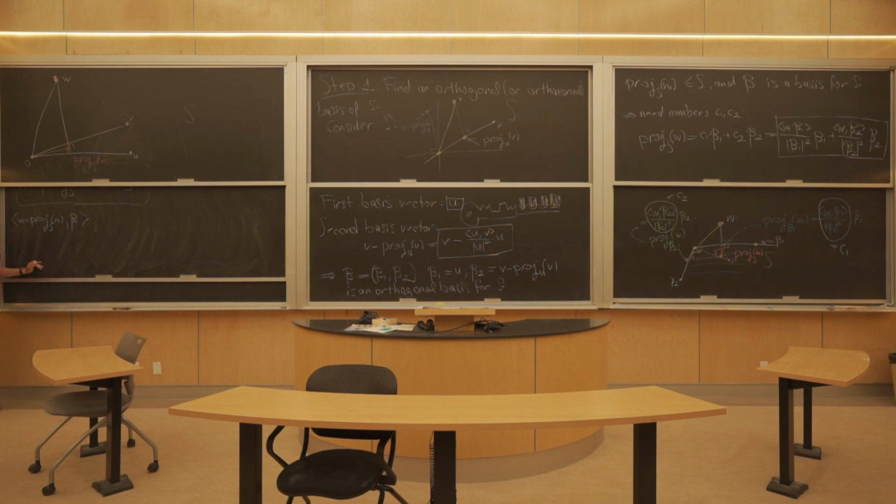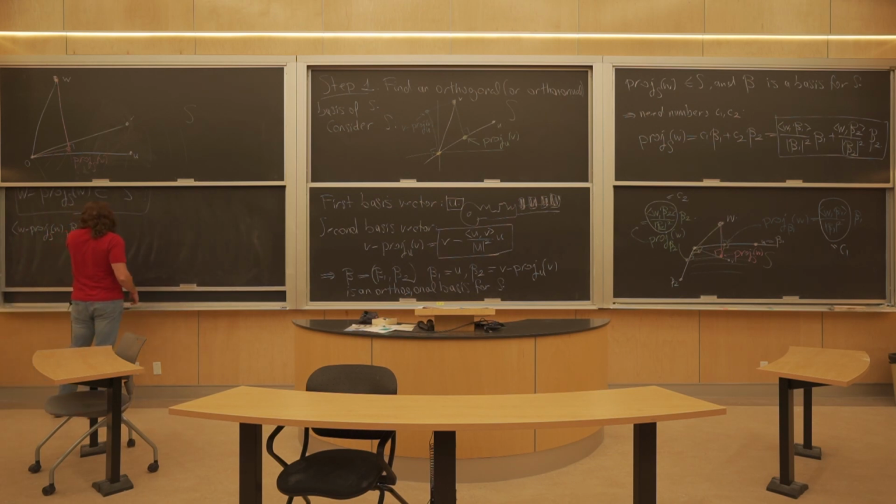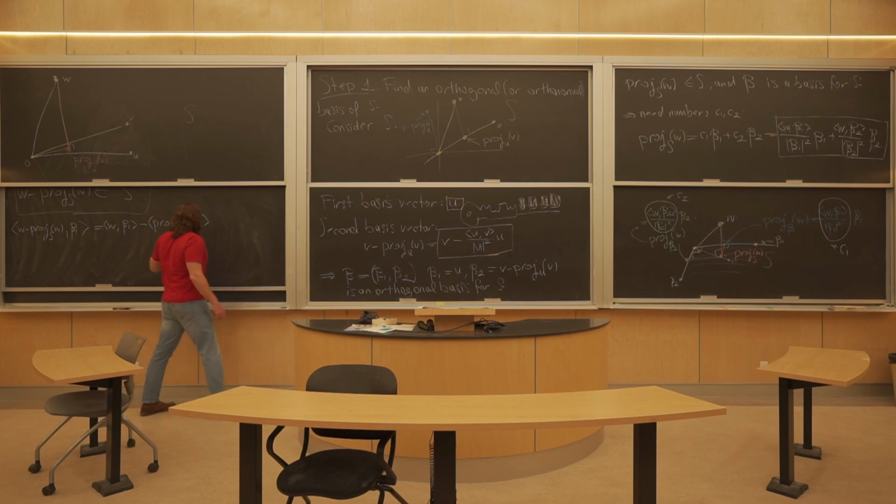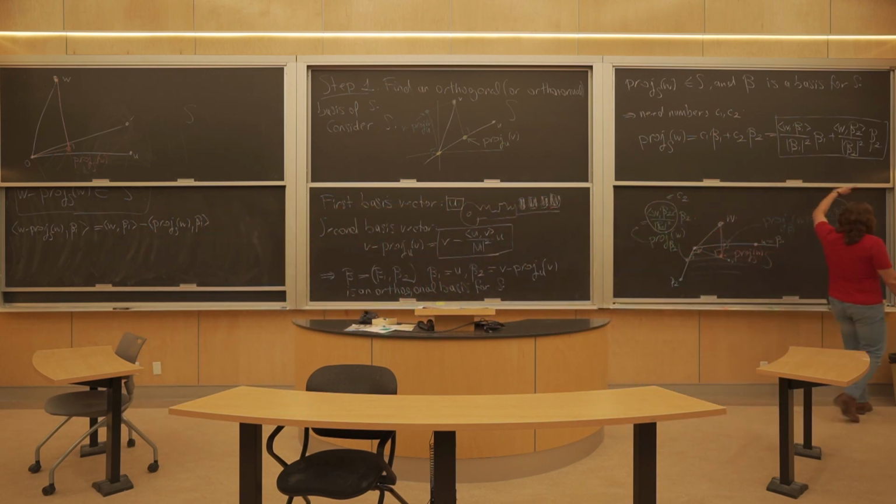I want this to be 0. Okay? So I need to write down the expressions. First of all, I can open this up and write it like so. And then I can replace proj sub S of W with this expression. Okay?